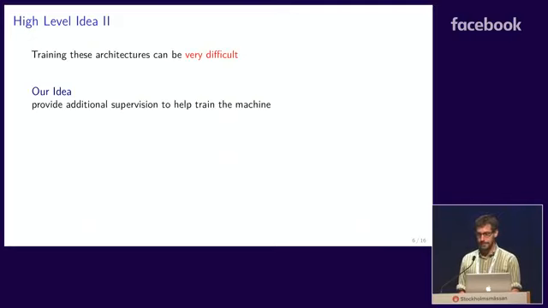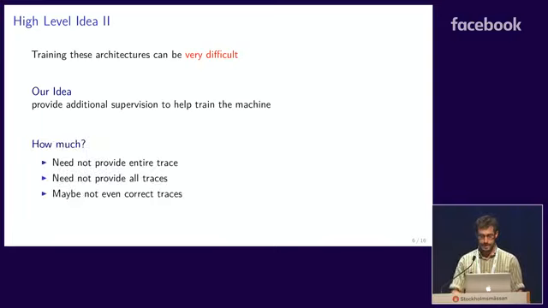So at a high level, we notice that training the neural machine architectures can be quite difficult. If we don't have traces, it's unlikely that we can train them to learn very difficult algorithms. But very often we do have traces. So our idea is to try to use as much supervision as is available for these machines, but to notice that we don't always have the same amount of supervision, and our supervision isn't regular.